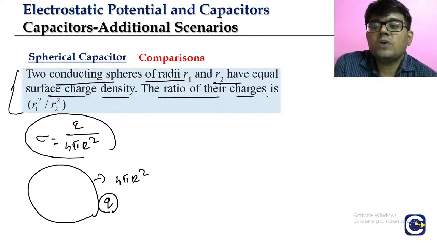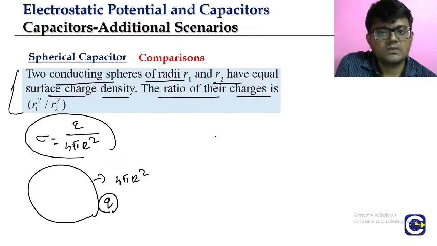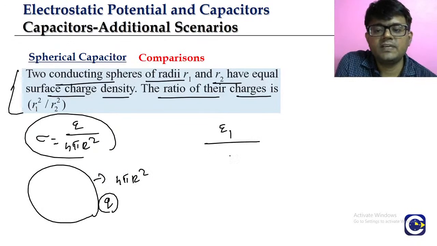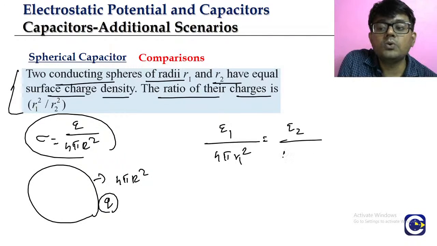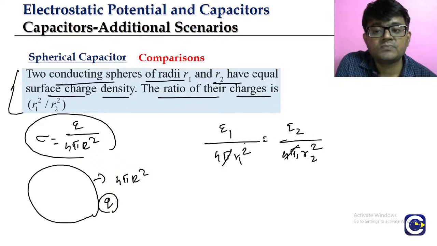Then the ratio of their charges is... same surface charge density means, for the first sphere, with charge q1, q1 divided by 4 pi r1 square is equal to what? q2 divided by 4 pi r2 square. The 4 pi will cancel. For the ratio of the charges, q2 will come to this side.